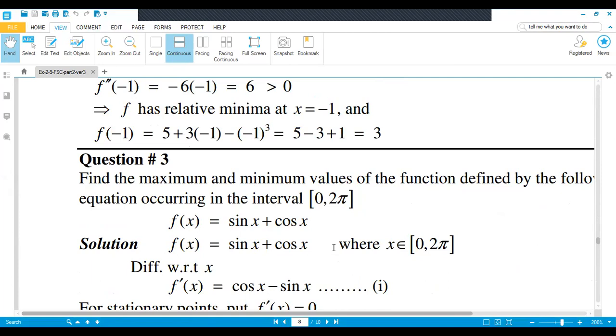Then for the stationary point, to find the value of x, we put f prime of x equal to 0. We get some value of x, and that value of x will be the stationary point.